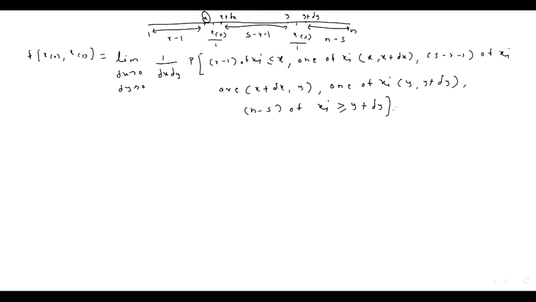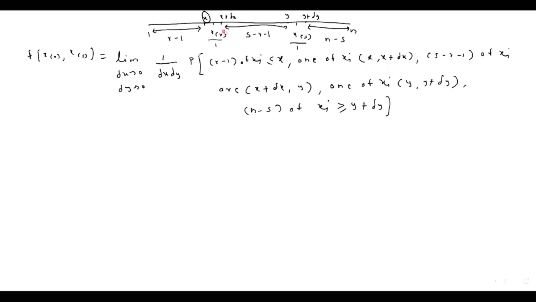Getting all the regions now. So let me explain it again. So see, over here, if you observe, in the first region I have r minus 1 values, and these r minus 1 values are obviously less than or equal to this x, isn't it? Because these are ordered values. So I can write this as r minus 1 of the xi is less than or equal to x. Now, in the region x to x plus delta x, I have only a single value. So 1 of the xi is in between x to x plus delta x.